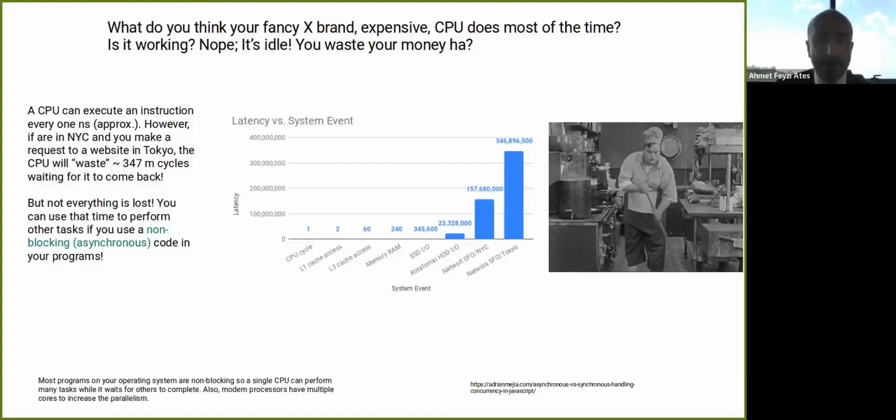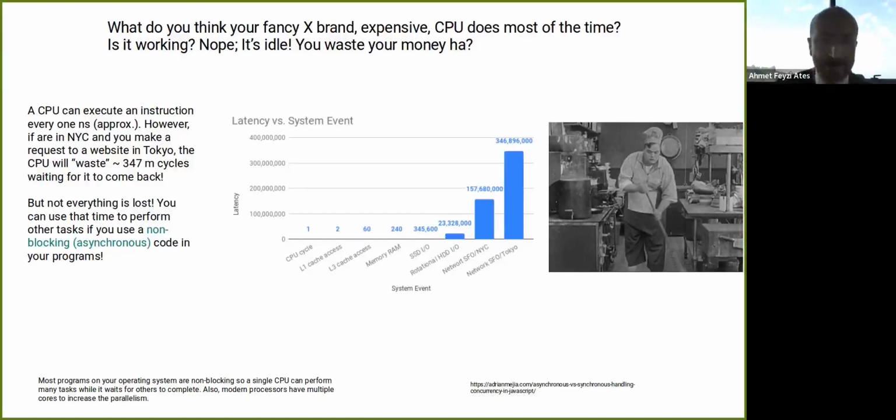Is it always working? No, most of the time it's idle. So this means you are wasting your money, huh? The concurrency topic is actually based on this issue, money. You buy an expensive CPU and you don't want it to be idle, especially for some blocking operations, for some disk reading, writing, I/O, we say, and some networking operations.